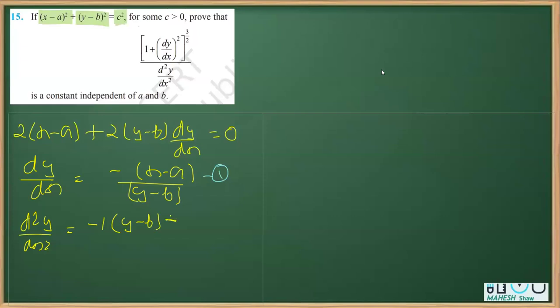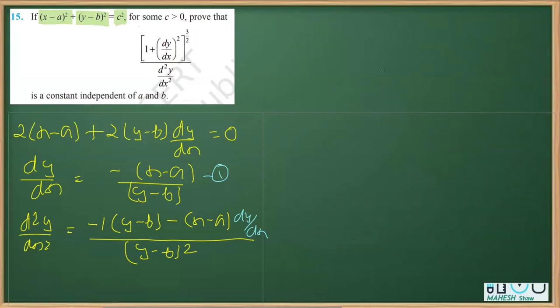Then we have a minus sign. First I write the numerator as it is, and the differentiation of the denominator, that is dy by dx, divided by (y minus b) whole square.